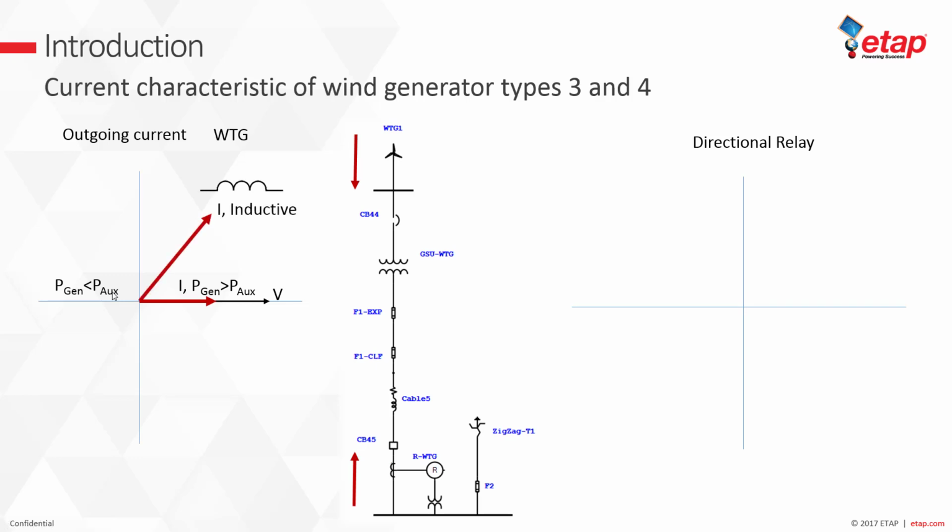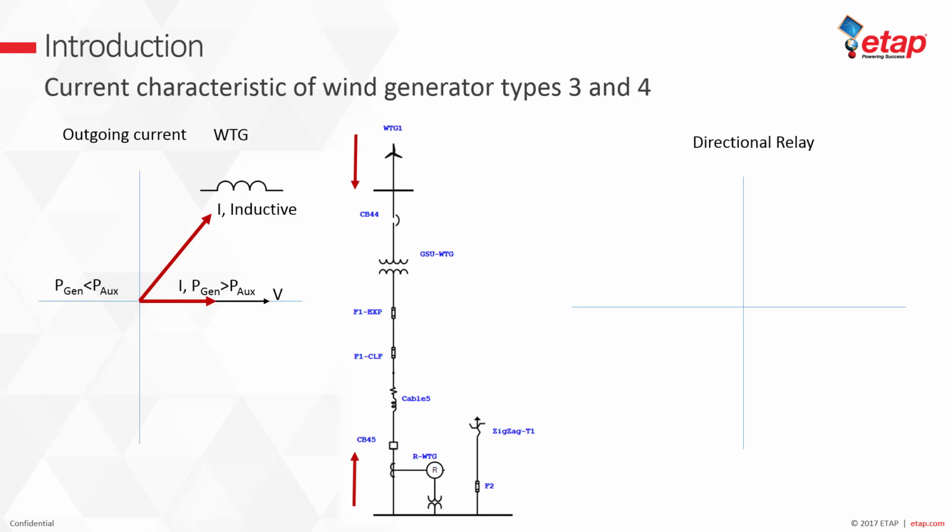So if the current direction is towards the system, outgoing, and the current is leading the voltage, it means that the WTG is like an inductor, kind of absorbing reactive power.